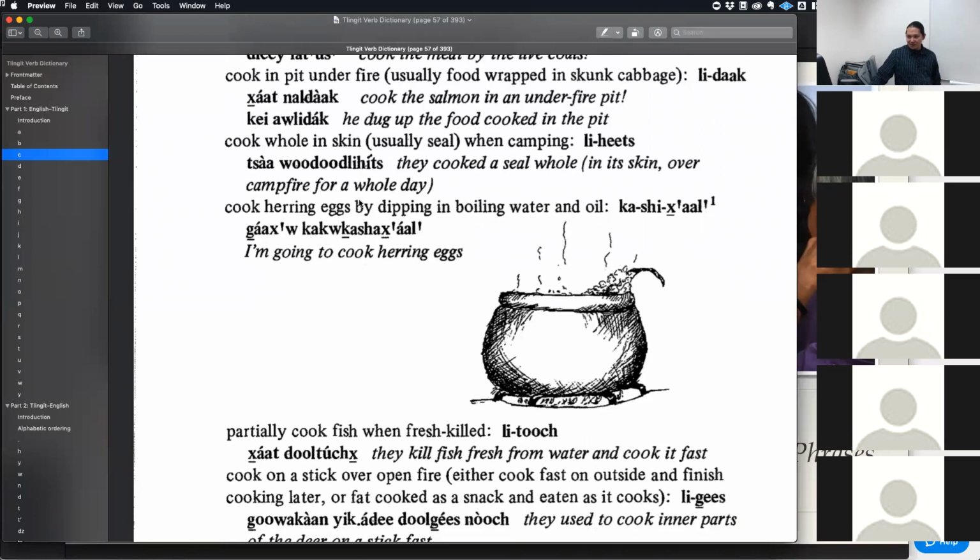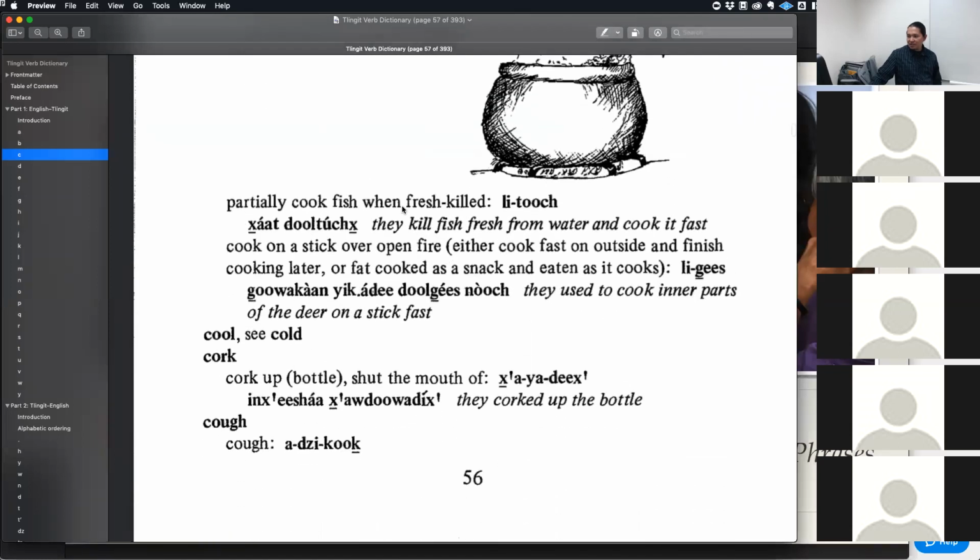Cooking, this would be called like probably blanching in English, the way you cook herring eggs by dipping them into boiling water, not boiling them. Hashaqat, to partially cook a fish when freshly killed, shlituch. And then to cook later, or fat cooked as a snack, shaqis.